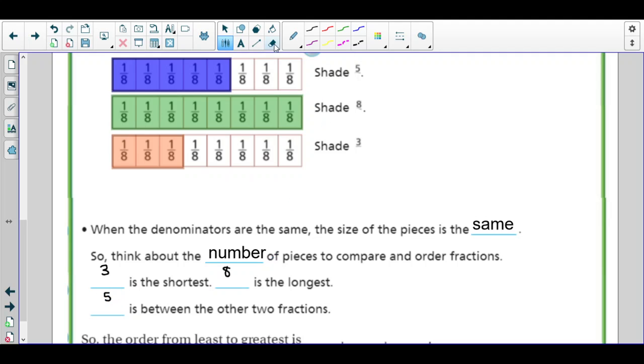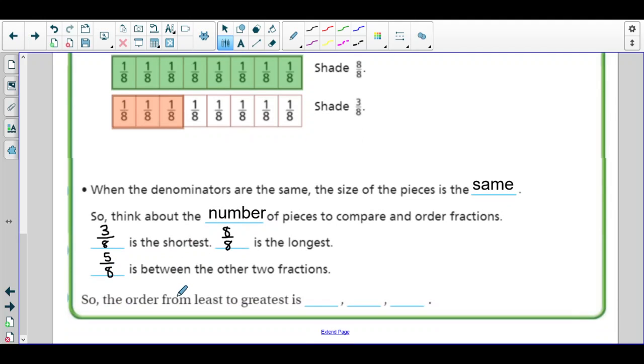Now we need to make sure that we go through and show that those were fractions. So 3 over 8, 8 over 8, 5 over 8. Okay, so we'll get those fractions put in.